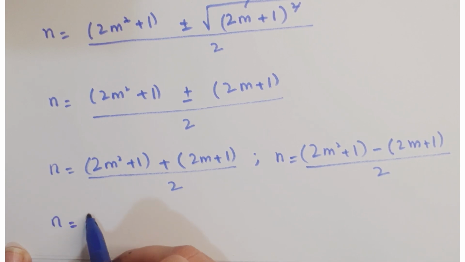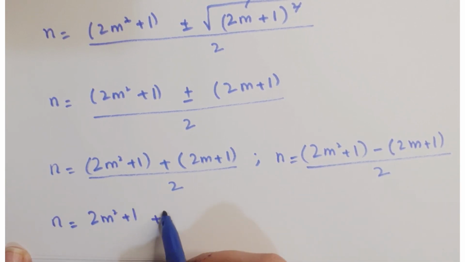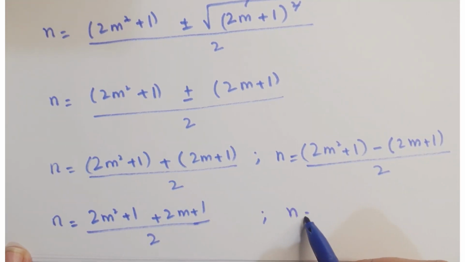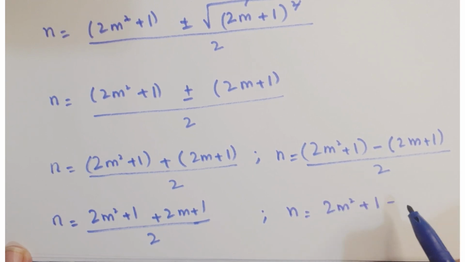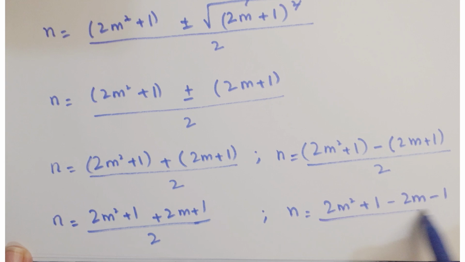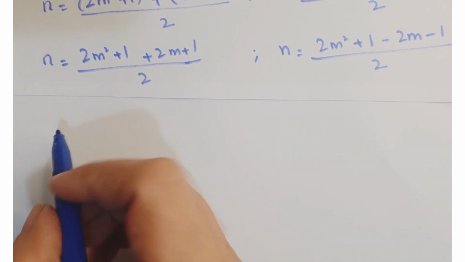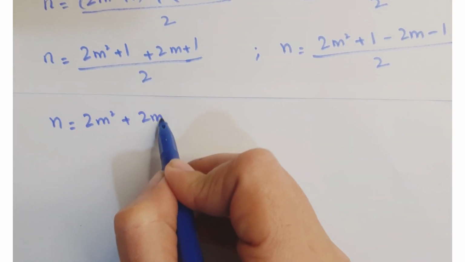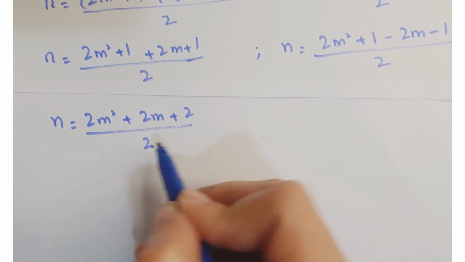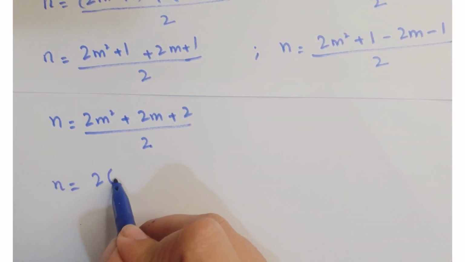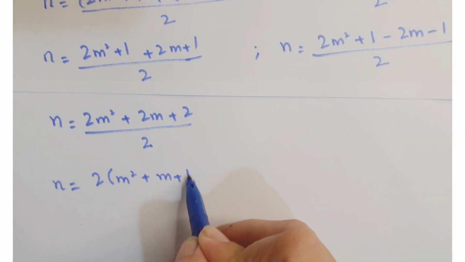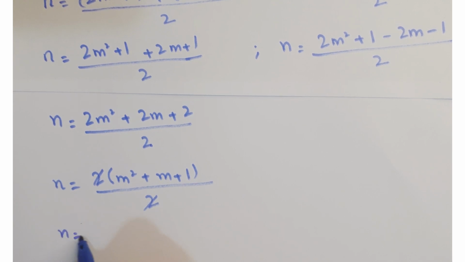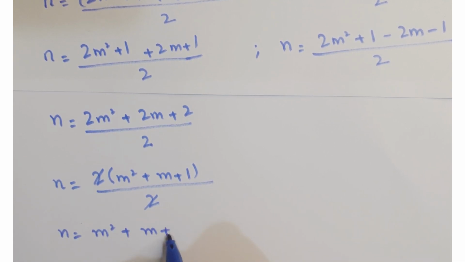Further you have n is equals to 2m square plus 1 plus 2m plus 1 upon 2, and here we have n is equals to 2m square plus 1 minus 2m minus 1 upon 2. So we have n is equals to 2m square plus 2m plus 2 upon 2, or you can say n is equals to taking 2 common upon 2. This 2 gets cancelled. So we have n is equals to m square plus m plus 1.